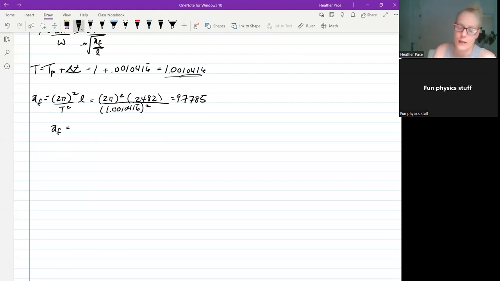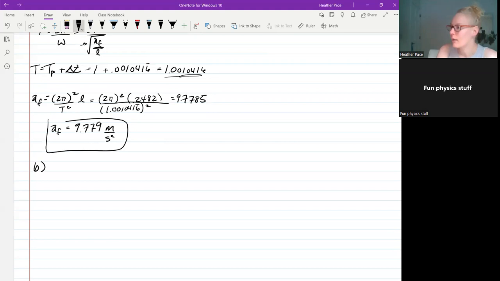I don't mean like you live at 10 meters above sea level or anything. It's significantly far away, but it's very close to 9.80 meters per second squared. Anyway, using our significant digits, which are 4, we get 9.779 meters per second squared.